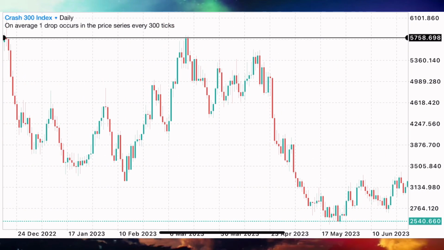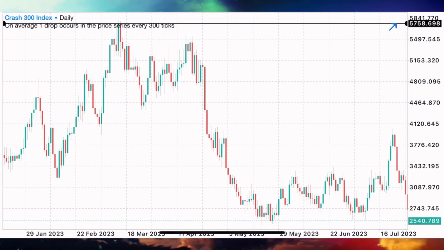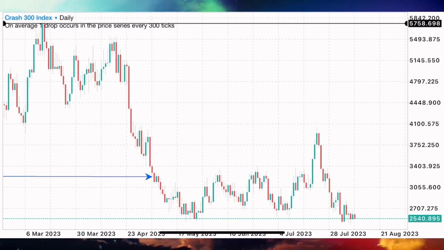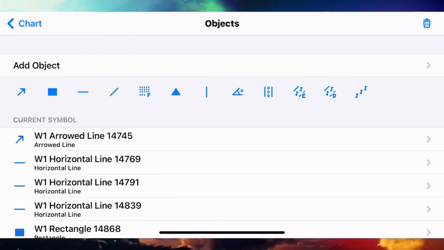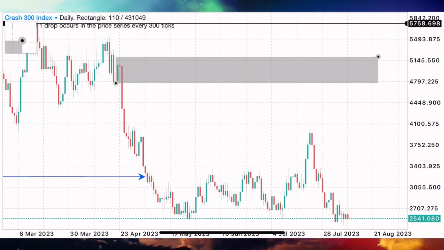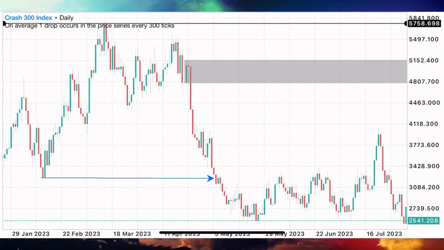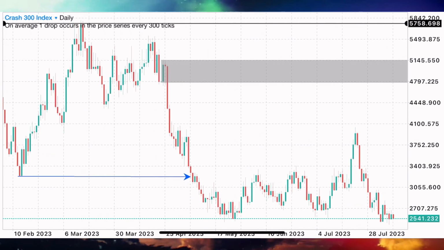What I like is that on the daily we had this break of structure here. After that break of structure, you can also see that we have another supply that was left behind. That's the other point.